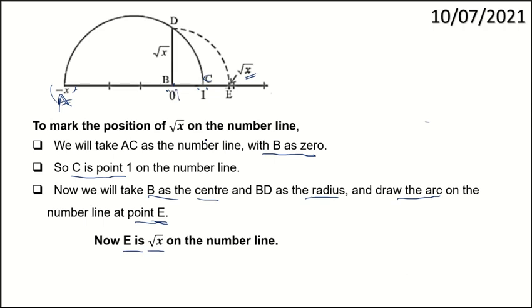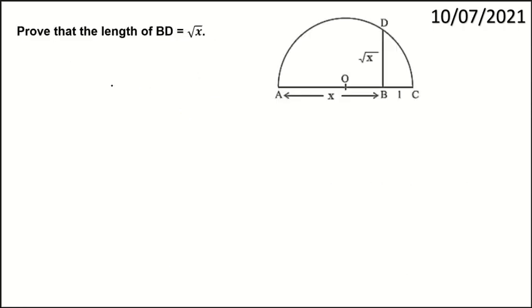Then coming to the proof that the length BD is root x in this figure. How to prove that BD length is root x? For that, first I am writing the lengths of line segments AB and BC, where x units is the length of AB, and 1 unit is the length of BC.